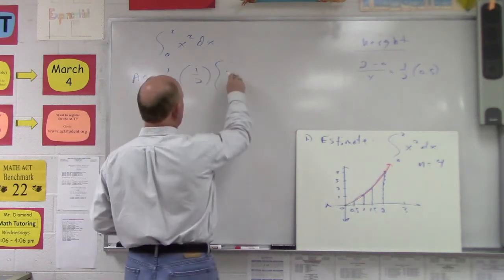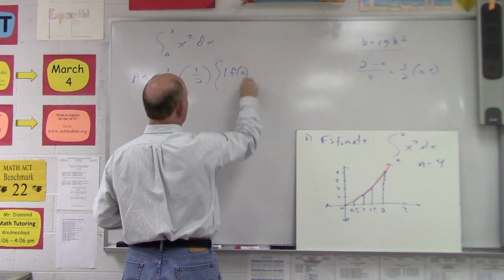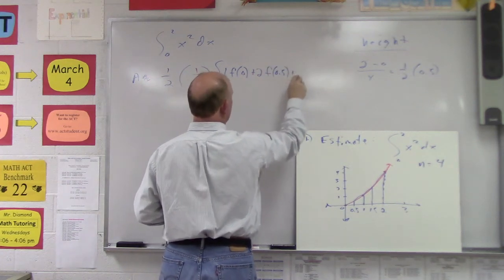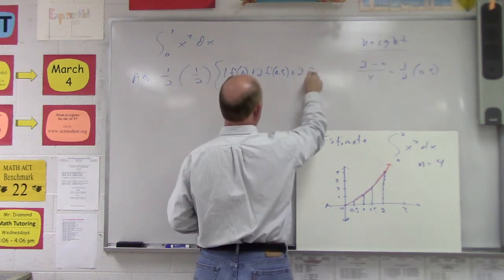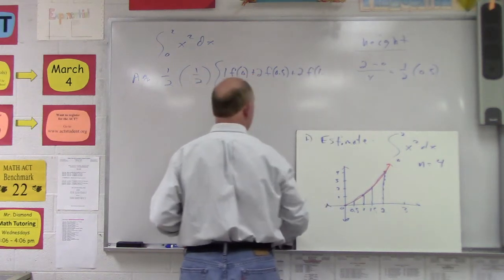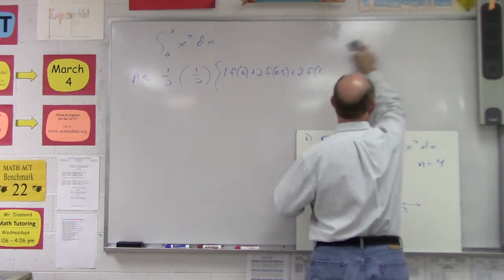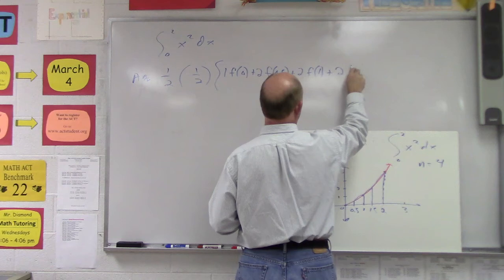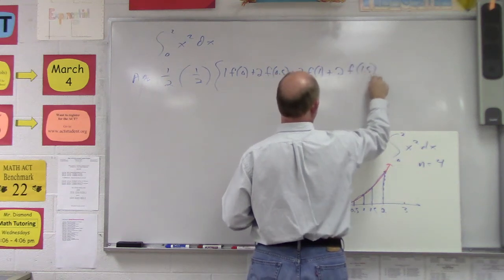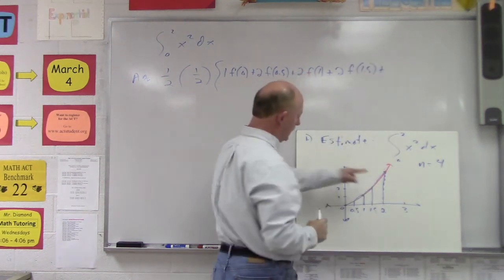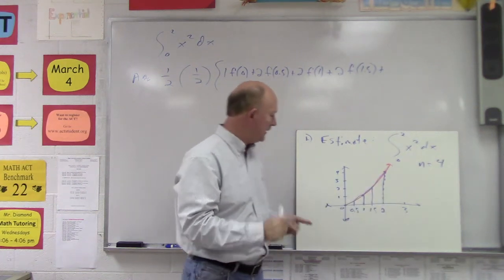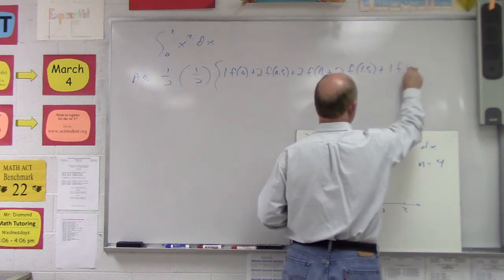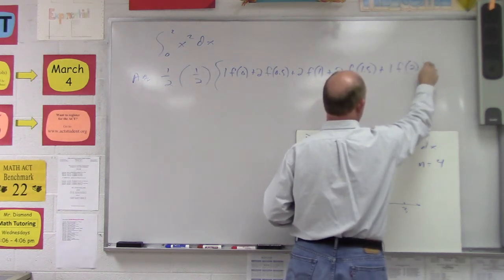So this will be 1 times the function at 0 plus 2 times the function at 0.5 plus 2 times the function at 1, plus 2 times the function at 1.5. Now the last one, at 2, you're only going to use the last base 1 time, so plus 1 times the function at 2.